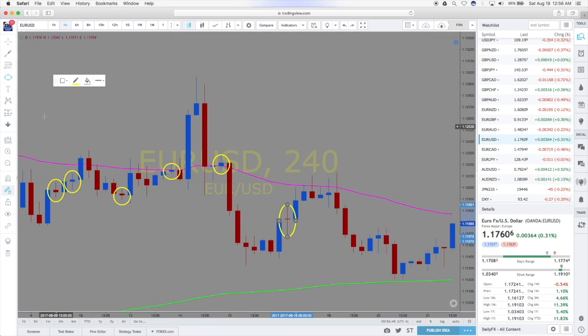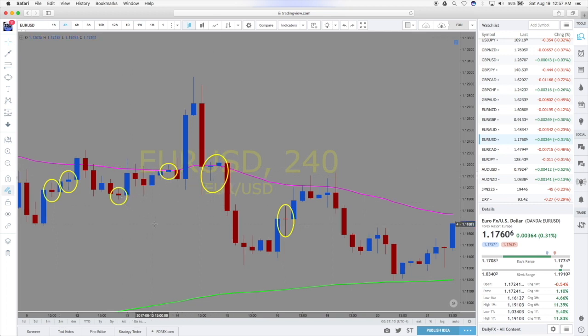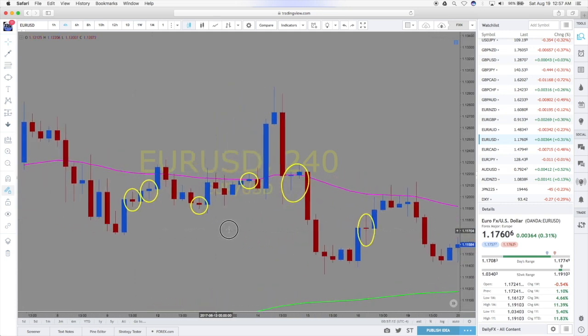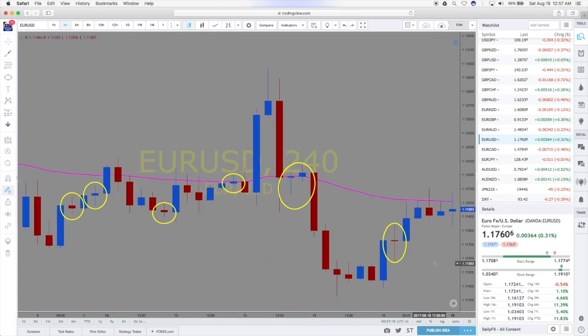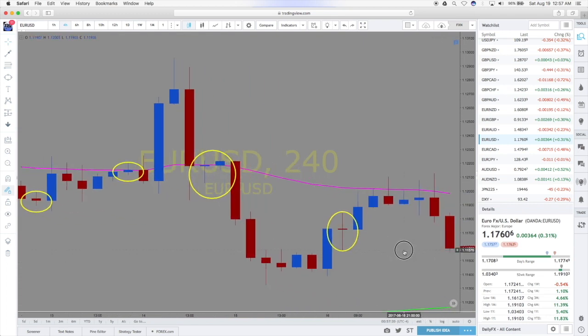So these are all good examples of indecision candles. Even that one there too. It doesn't matter what color they end up being, whether it's blue or red. Indecision candles are all the same. It just means that there's indecision in the market. There's no clear winner of price in the market. That's all that they mean.